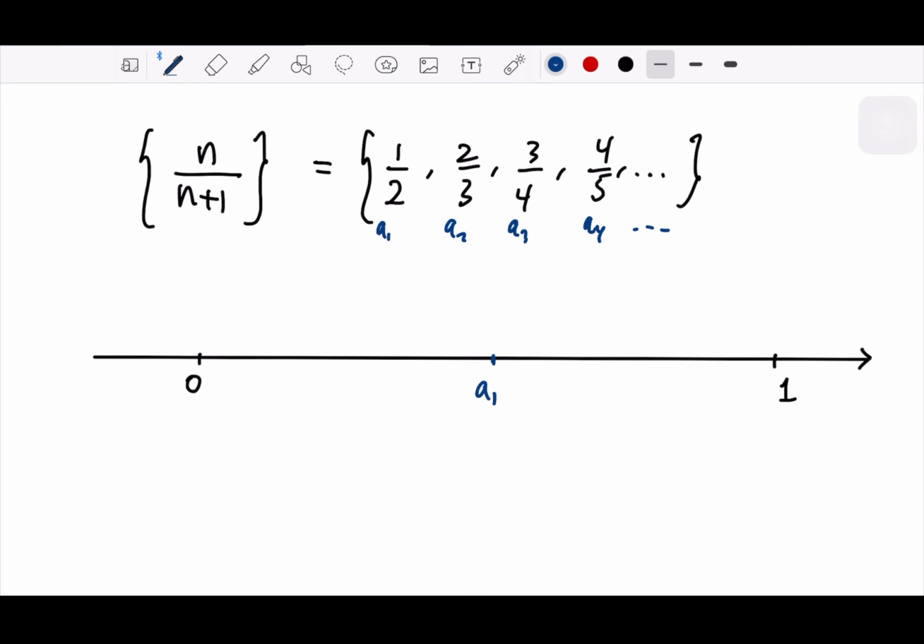And then 2 over 3, maybe we divide into 3 parts, and it will be showing maybe around here. This will be A2.